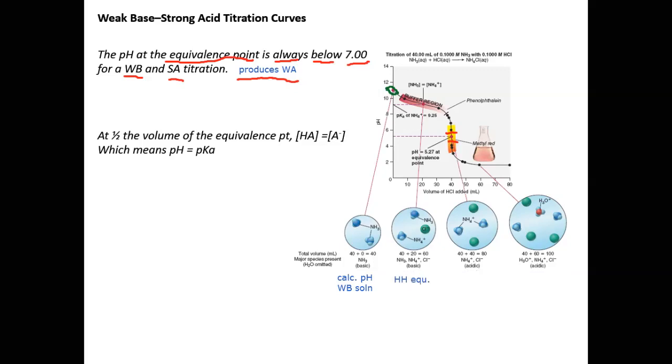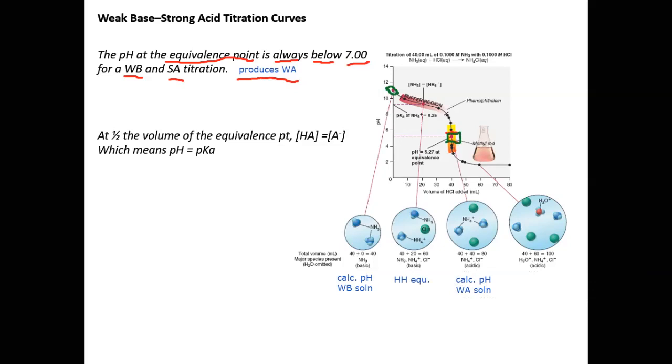At the equivalence point, you're just going to have weak acid. So you have to calculate the pH of a weak acid solution. And look, the equivalence point is less than 7 because you're producing a weak acid. At the equivalence point, there's only weak acid and anion in solution.